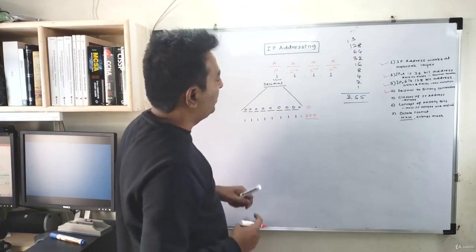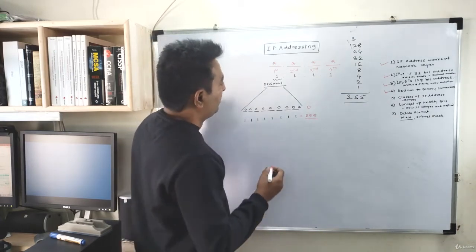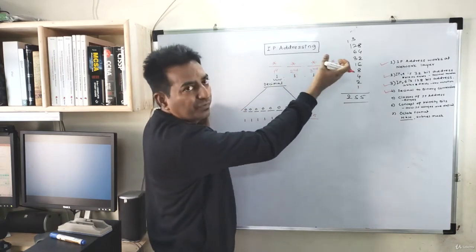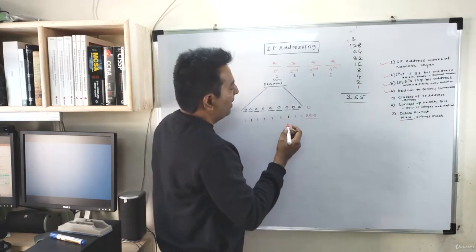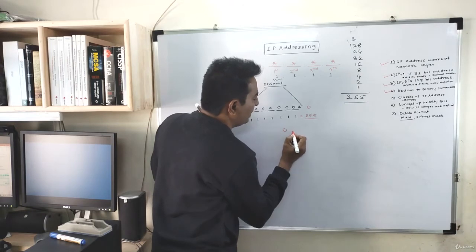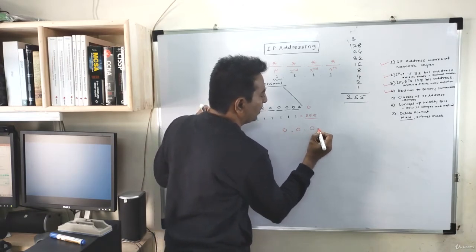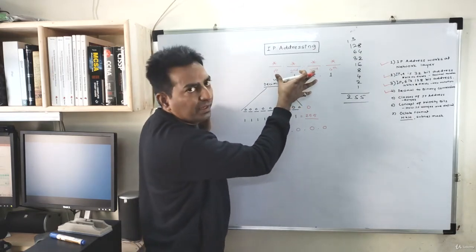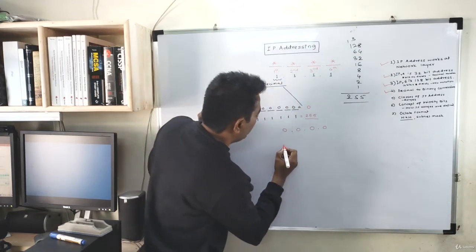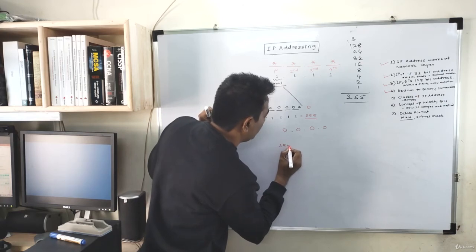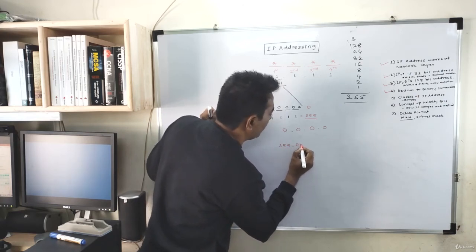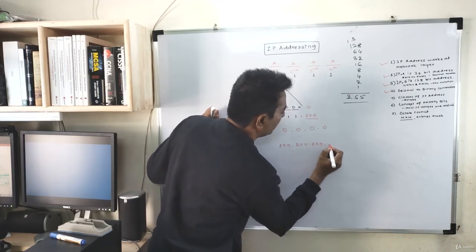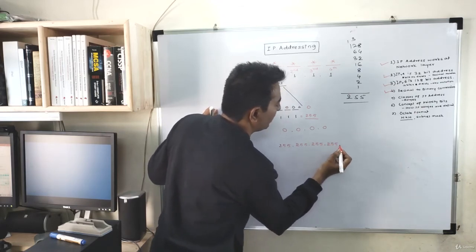So friends, I hope you understood that an IP address has 4 fields, and the lowest value in the IP address can be 0.0.0.0, and the maximum value that we can achieve is 255.255.255.255.